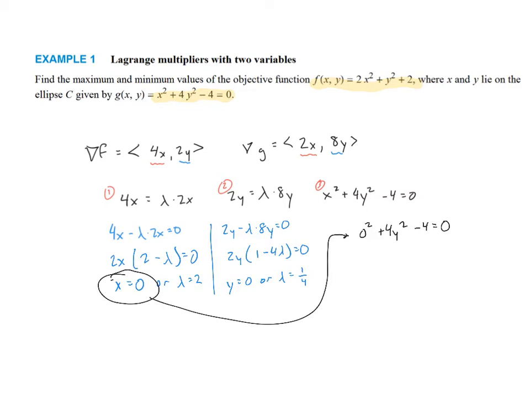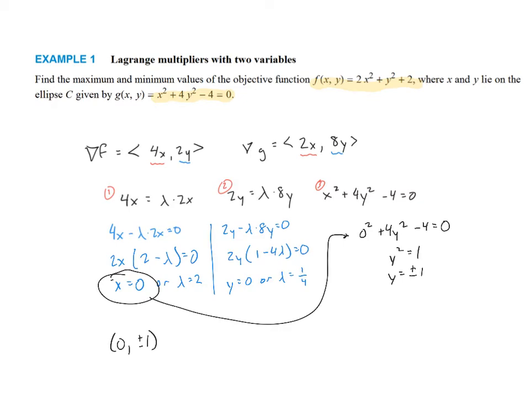Solving that, we get y squared is equal to 1, or y is plus or minus 1. So that is one of our possible maximums or minimums on the constraint. We have a point of 0, comma, plus or minus 1.